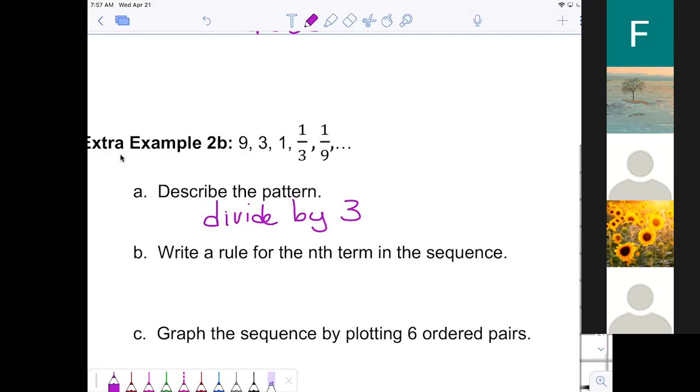So then it says, write a rule for the nth term of the sequence. How could I write a rule for the nth term of the sequence?